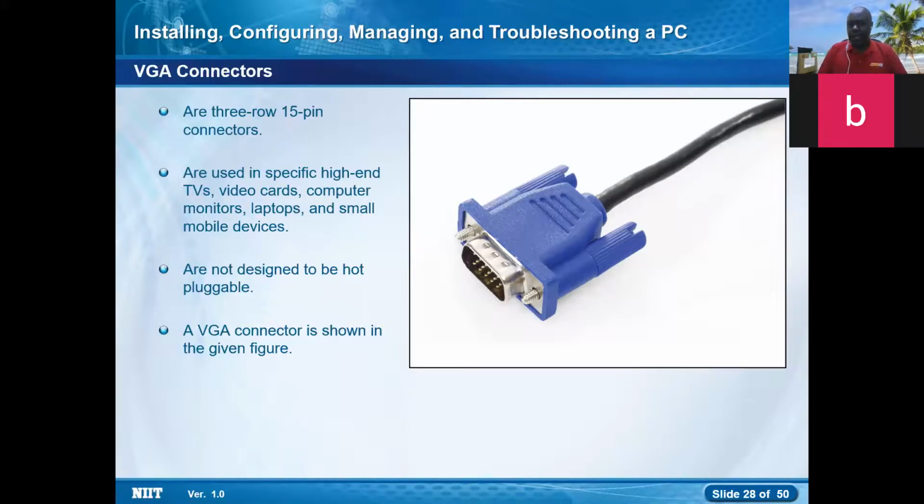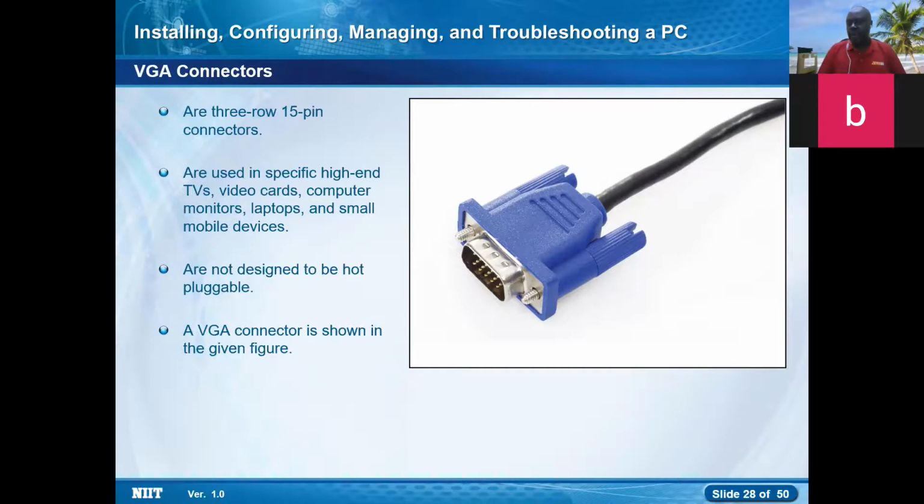Now, analog signals have some issues. One of them is quality tends to be limited, and also the use of the signal tends to be limited because of the complication of the analog signals.